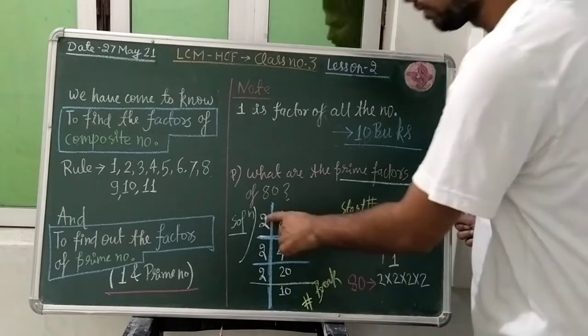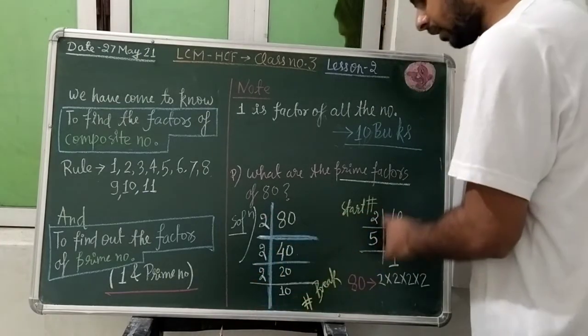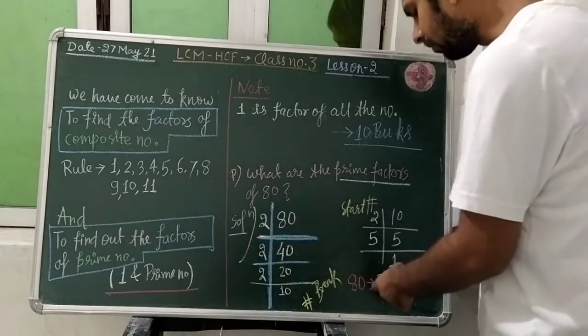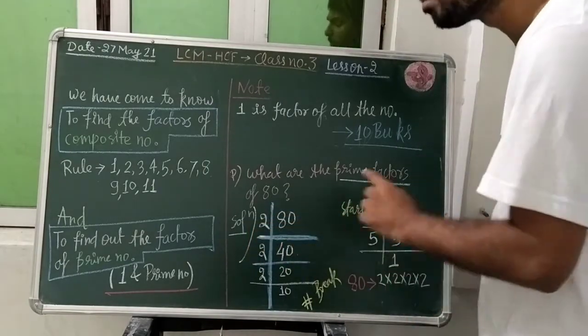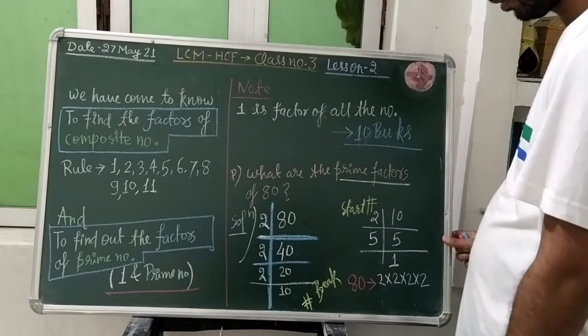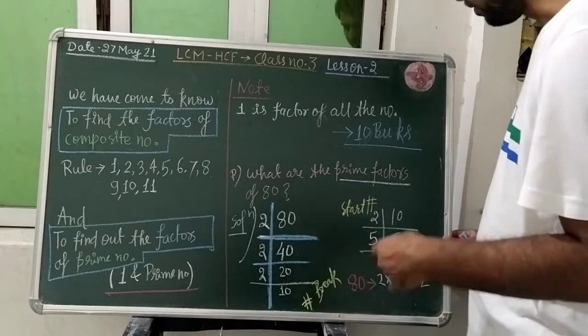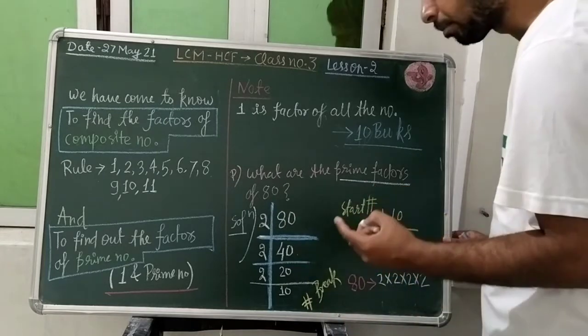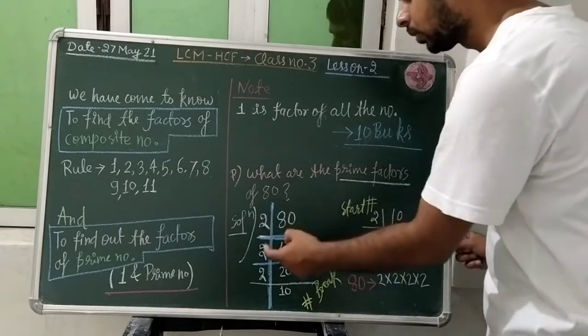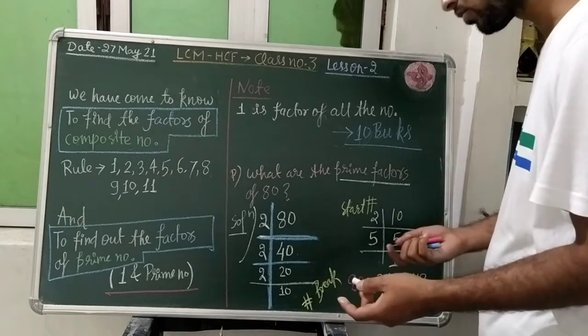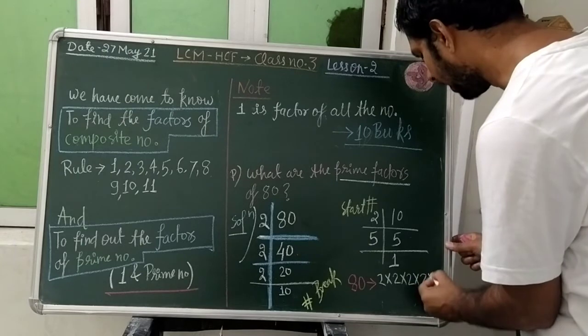Whatever numbers we have selected on this side, that we will write with the multiply operator. So you get four 2s, and what do you get next? You get 5.